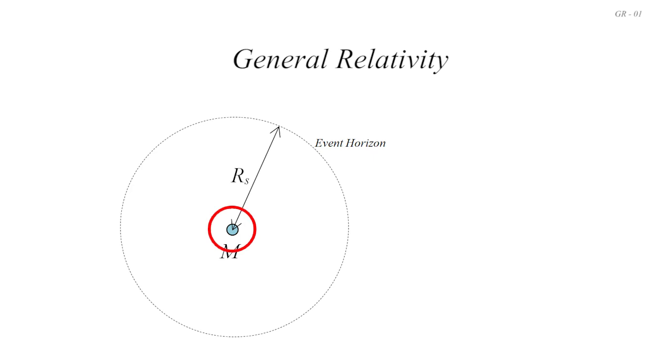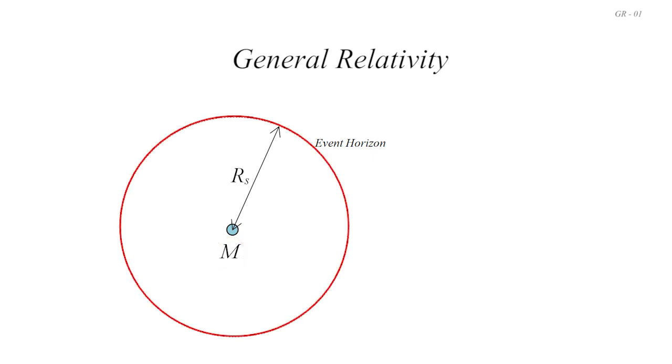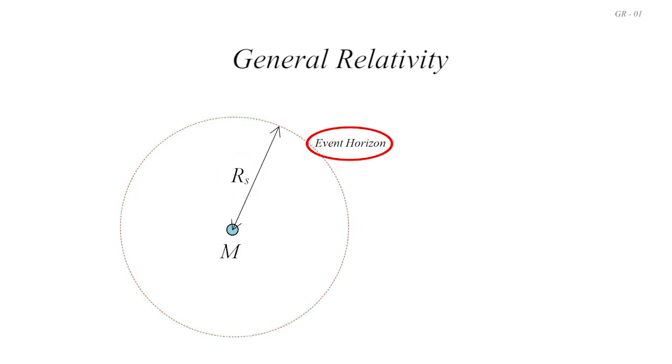It's shown here with a finite but small size for convenience, the blue dot at the centre. For such a highly concentrated mass, capital M, there will exist an imaginary shell outside of it at the Schwarzschild radius R_S. This shell is called the event horizon.